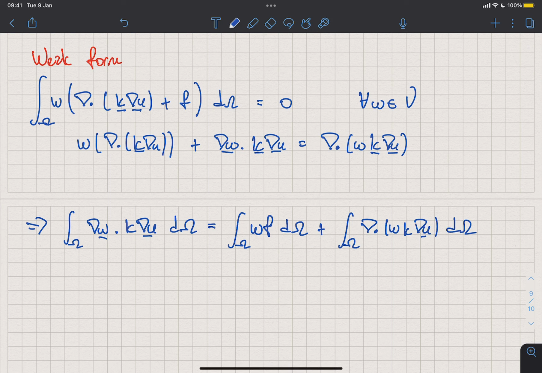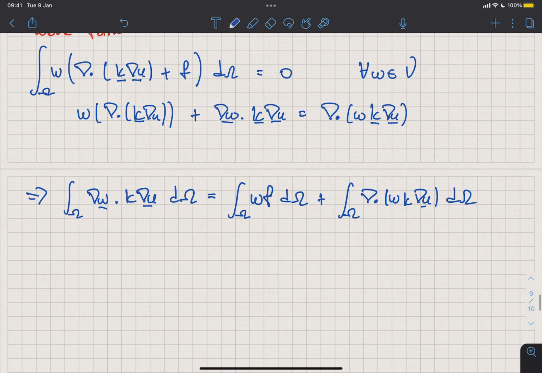Because what we're going to do is apply something called the divergence theorem on this term here. The divergence theorem just states, and you probably know this from previous courses, that if you apply the divergence of a quantity over the entire volume, that is essentially equal to that quantity dotted with the normal of that volume. So you're basically transforming a volume integral into a boundary integral. That is essentially the divergence theorem.